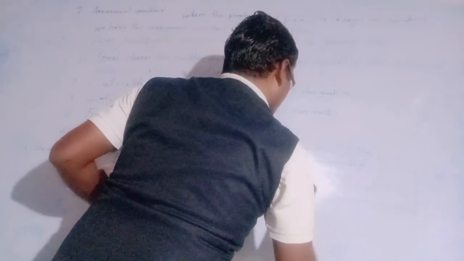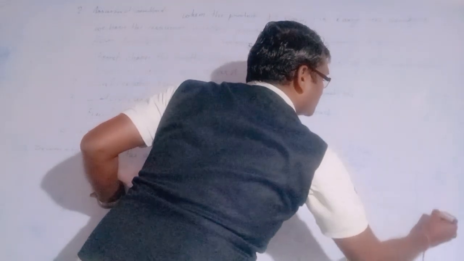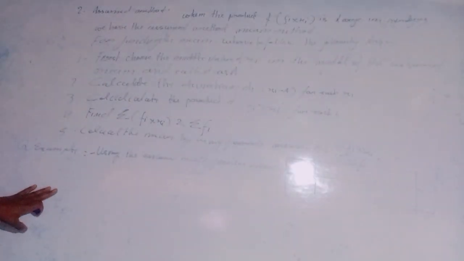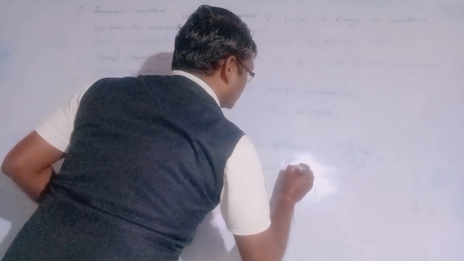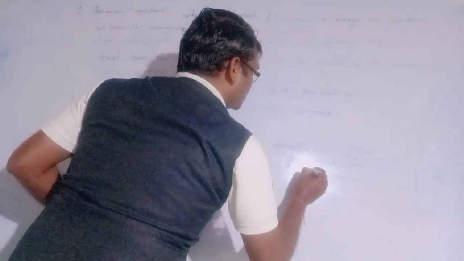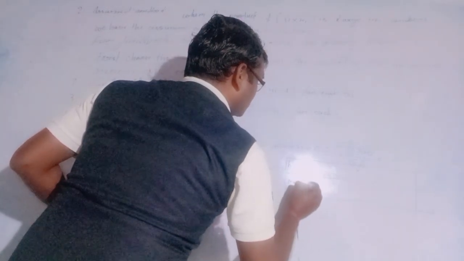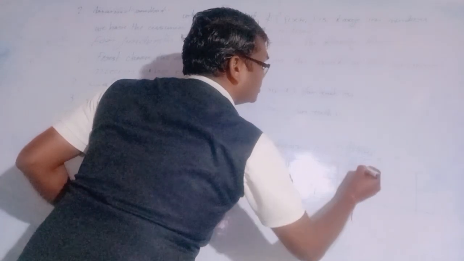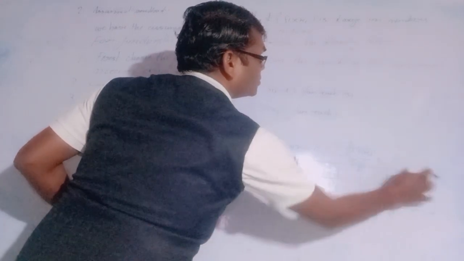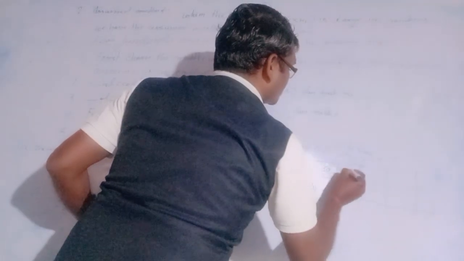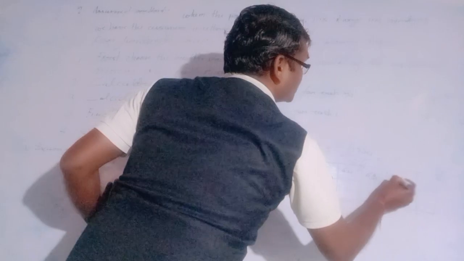Here is a given box. In this box we take the height xi in cm and the number of plants. We write here 1 2 3 4 5. Height xi: 60, 64, 68, 72, and finally 76.